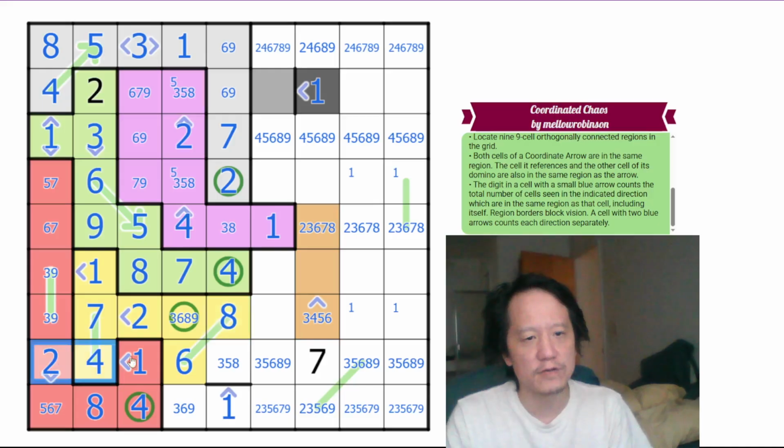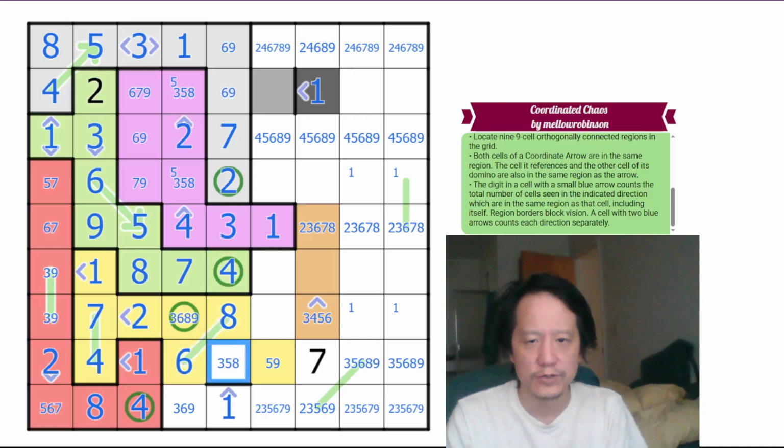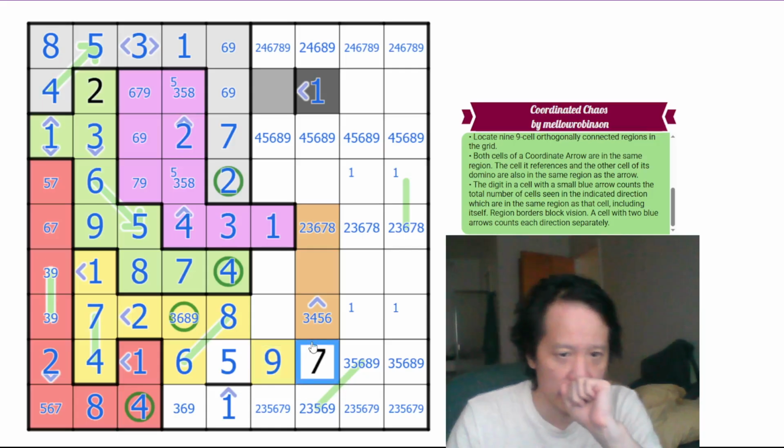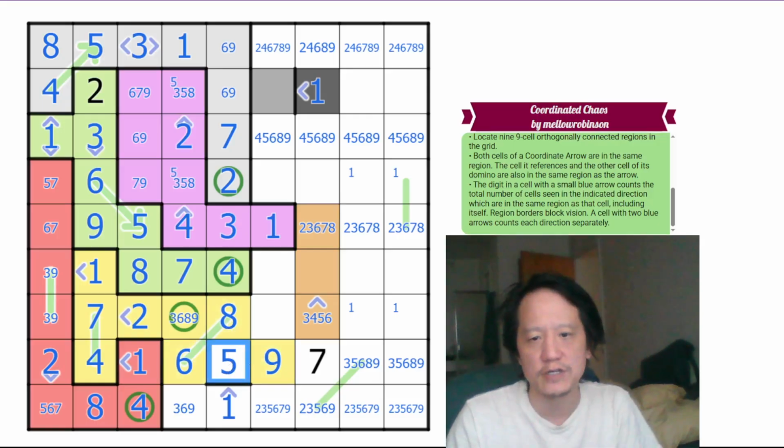Which means it's row 8 in column 6. So this is part of yellow. This 8 eliminates 8 here, so this is 3. This is part of the region, so it has to be 5 or 9 to add up to this 3 and 8 eliminates 3 and 8 here, so this is 5, which makes this 9. This is surrounded by just yellow cells, so this must be a yellow cell here.